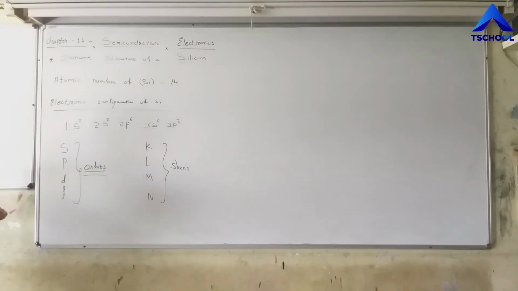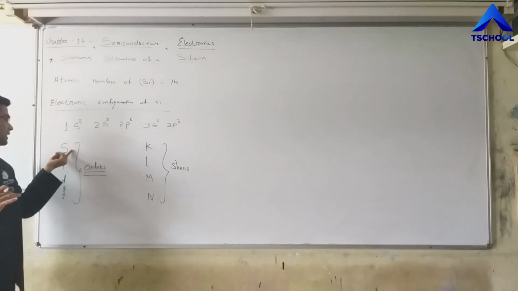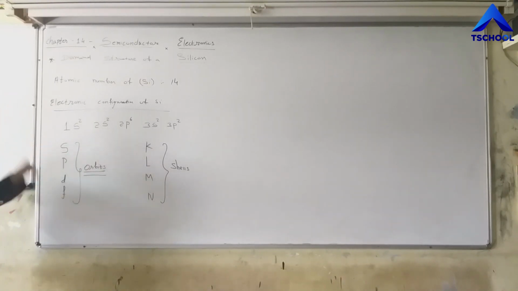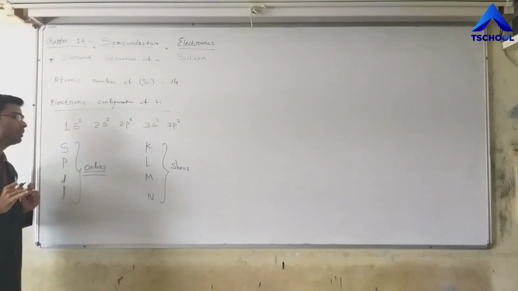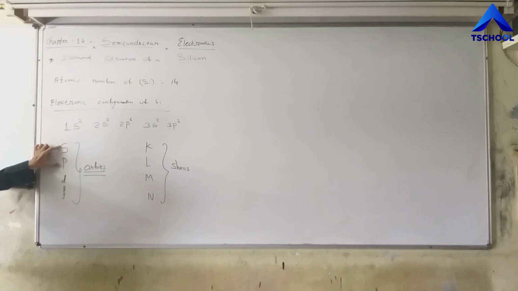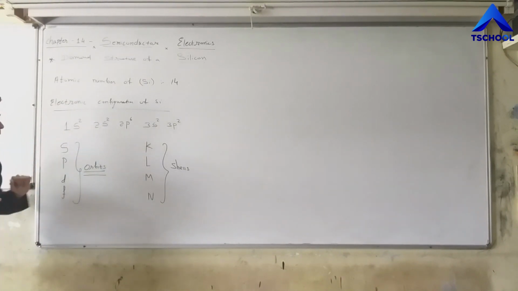We have learned in chemistry that the maximum number of electrons that can sit in the s orbit is 2, in the p orbit is 6, in the d orbit is 10, and in the f orbit is 14. Here we require only the s and p orbits, so we talk about only s and p orbits.